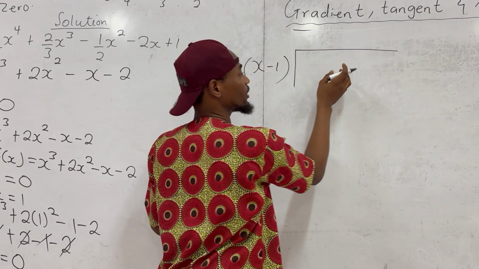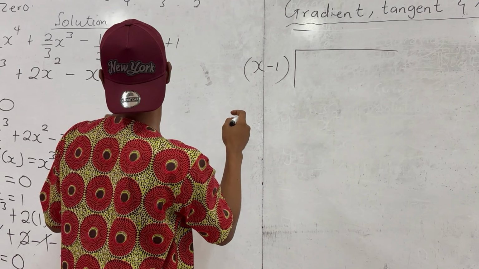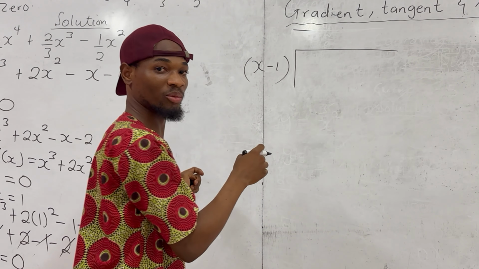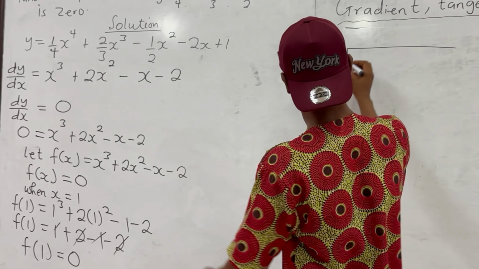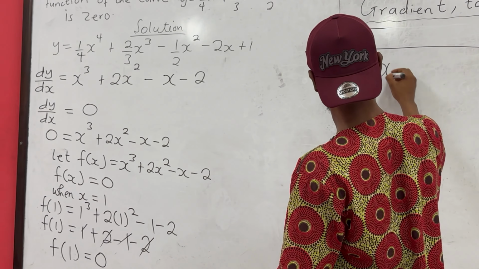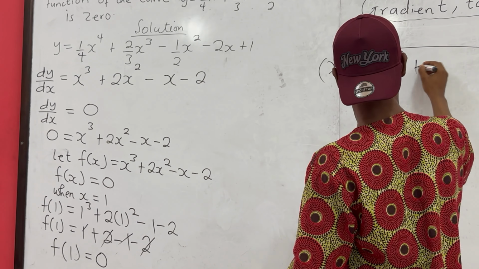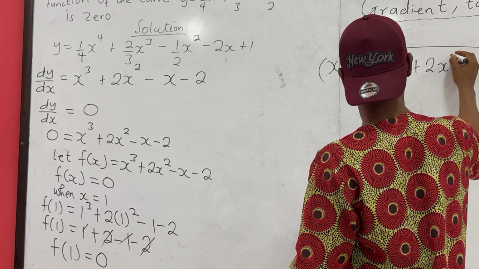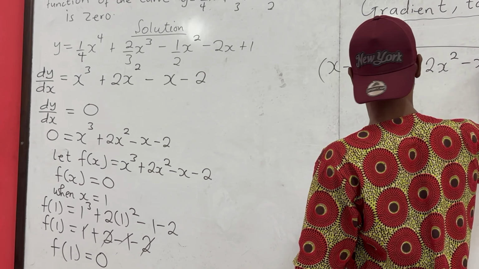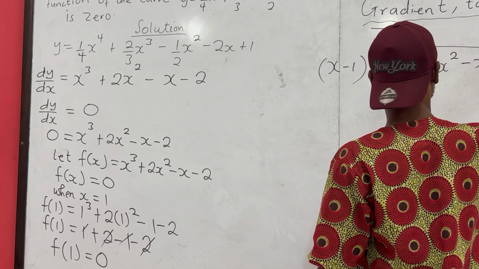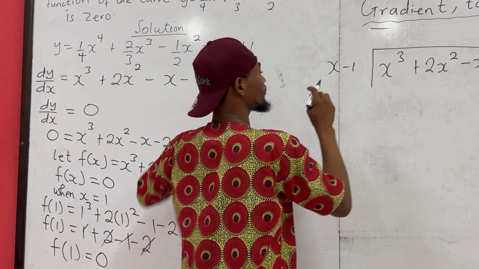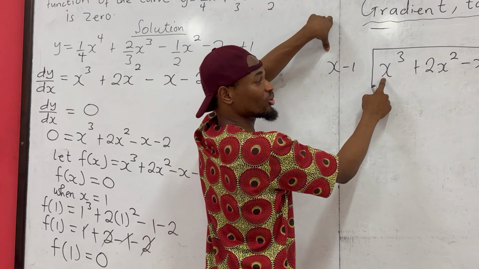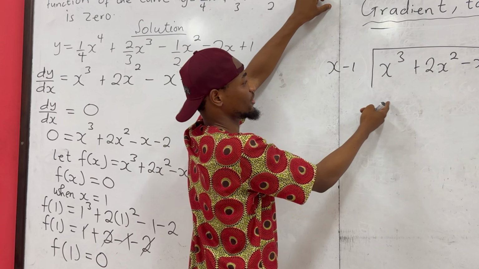Then our polynomial function, which is f of x, we have x cubed plus 2x squared minus x minus 2 this way. So x goes into x cubed how many times?